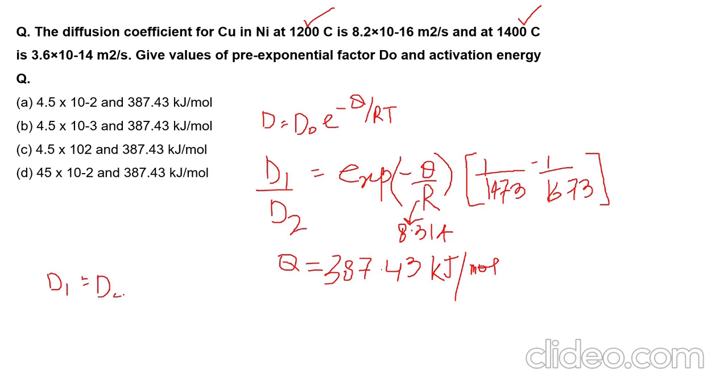So D1 will be equal to D naught times e to the power minus Q by RT. The value of D1 is given, and you can calculate the value of your D naught.